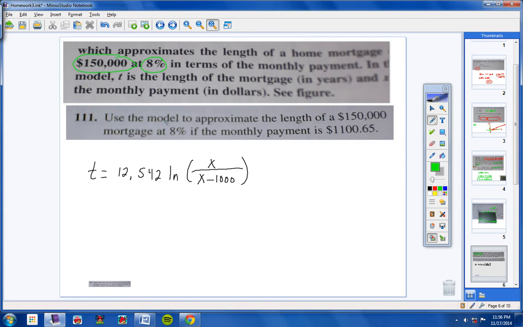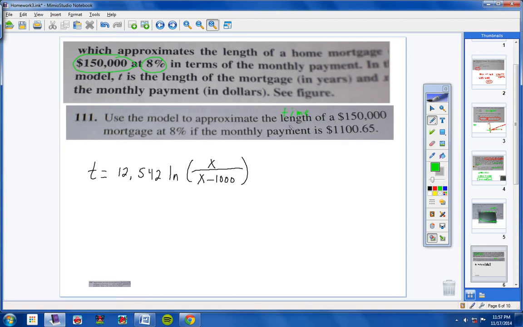So here we go. Use the model to approximate the length, or in other words, the time, of a $150,000 mortgage at 8%. So notice we fit these two characteristics, two qualities that we need. And they tell us the monthly payment is $1,100.65 per month.